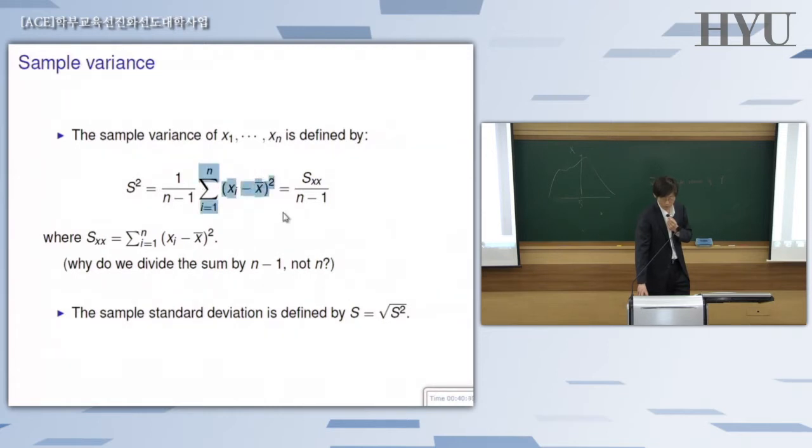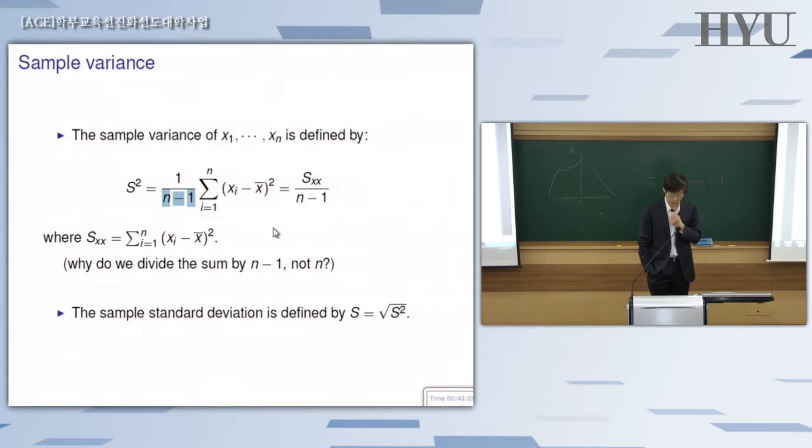Now you sum them, and then divide the entire sum by sample size minus 1. That's another crucial step. A lot of people make mistakes on exams or quizzes. They forget to divide the sum by sample size minus 1, and they just simply divide it by sample size n.